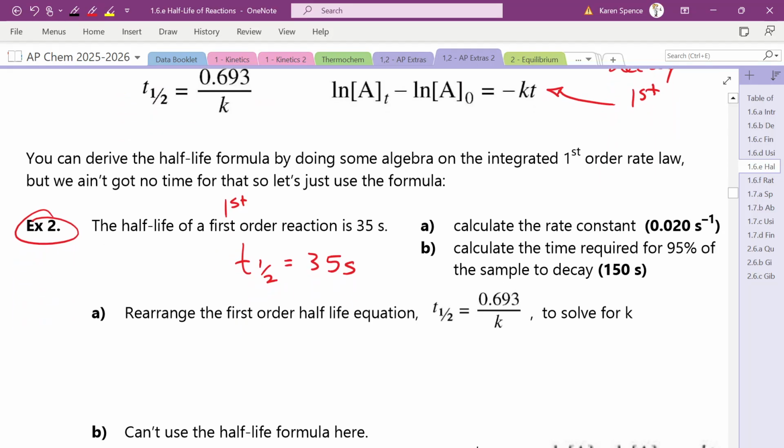So all you're going to do is say, okay, this is first order, so we can use this one because this is first order. They're not going to give you 0th order. They're not going to give you second order. They're going to give you first order because they've given you the equation. Solve for k and find it. So go ahead, do that.